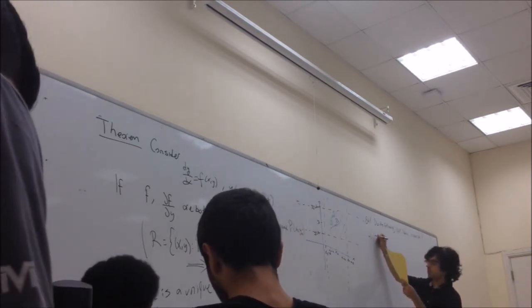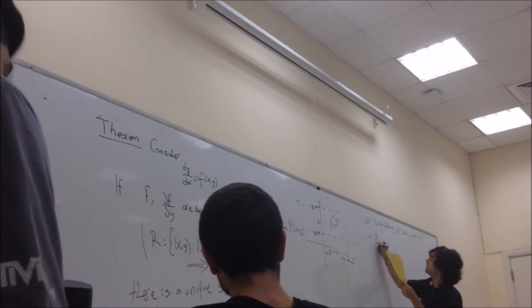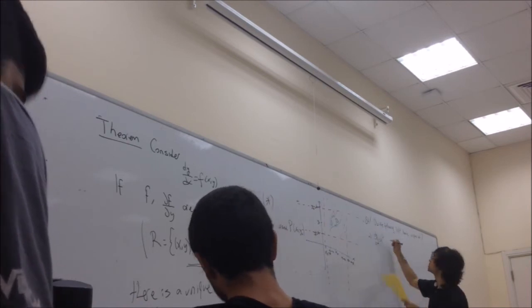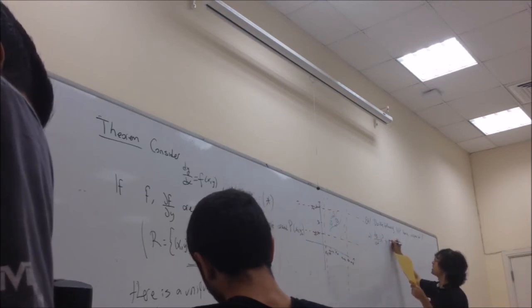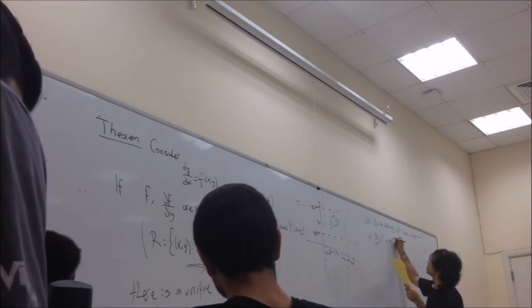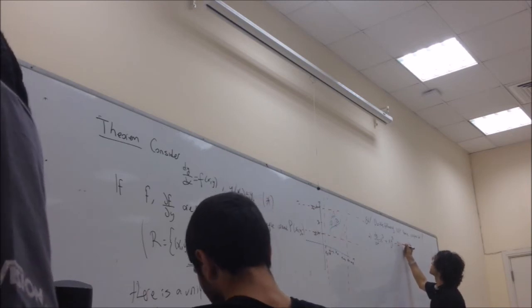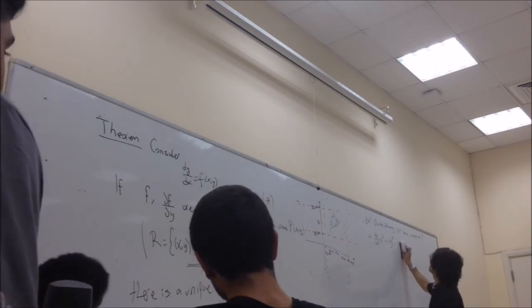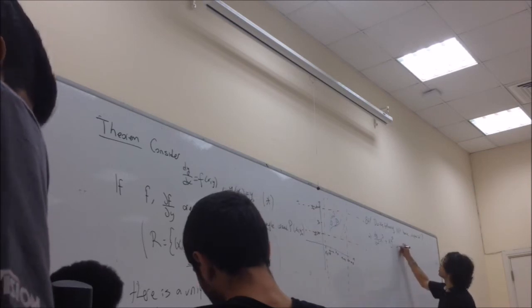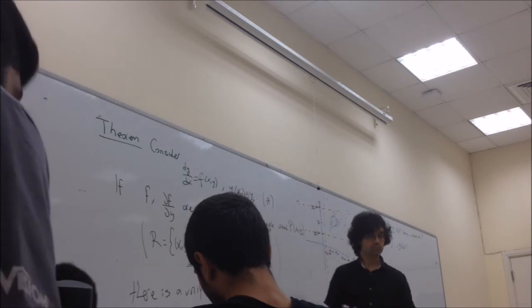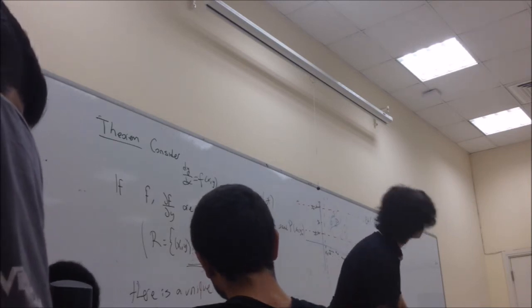Let's start with this one. dy/dx is x cubed plus x y cubed, under this condition, y of 2 equals 1.